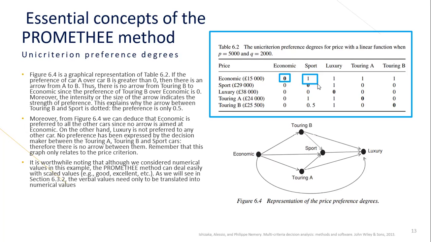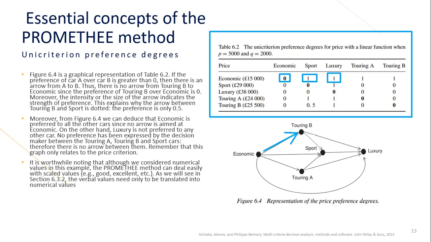Economic to sport is equal to 1 here. It means that you will have a graph with an arrow from economic to sport here. And then next you have economic to luxury. Then you put another arrow here, from economic to touring.